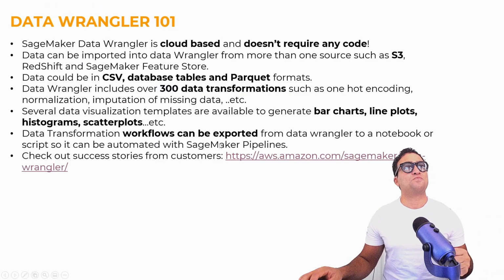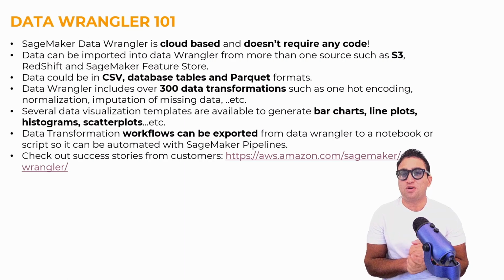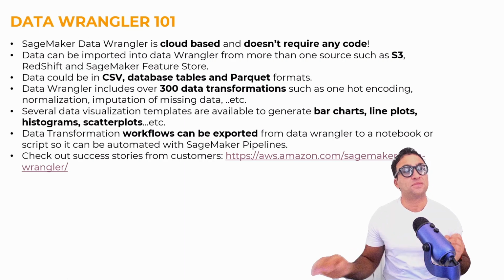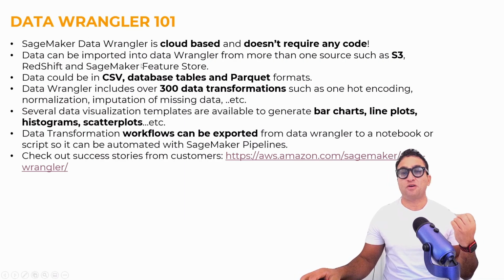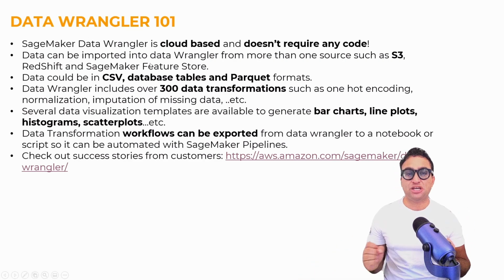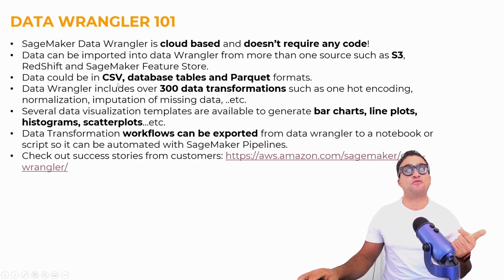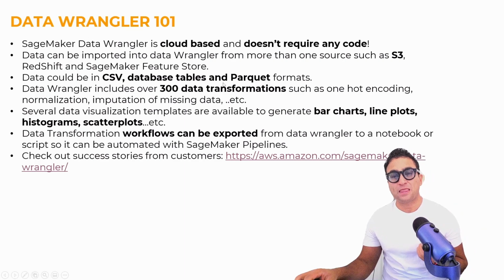Okay, so SageMaker Data Wrangler is cloud-based, and as I mentioned before, it does not require any coding. Data can be imported from many sources, such as S3, Redshift, and also SageMaker Feature Store. We can have the data in CSV format and also in database tables or Parquet format as well.